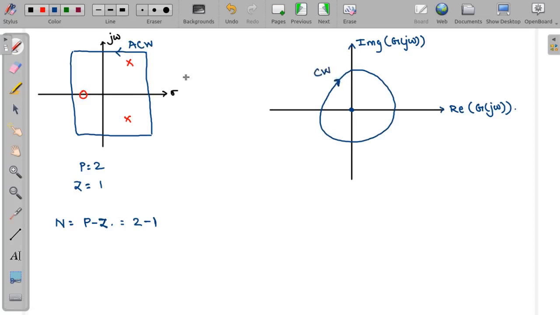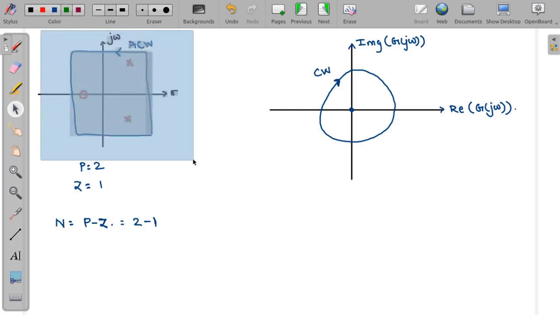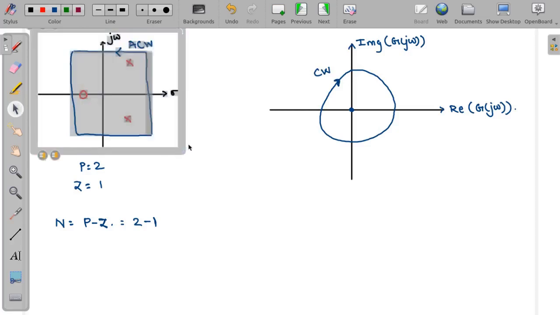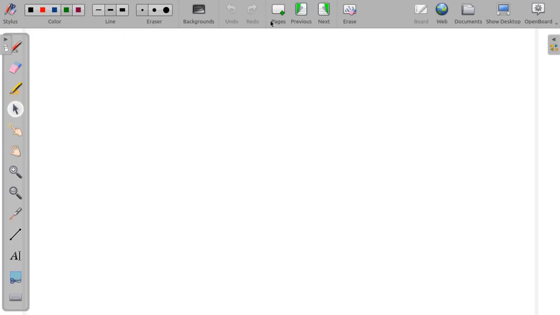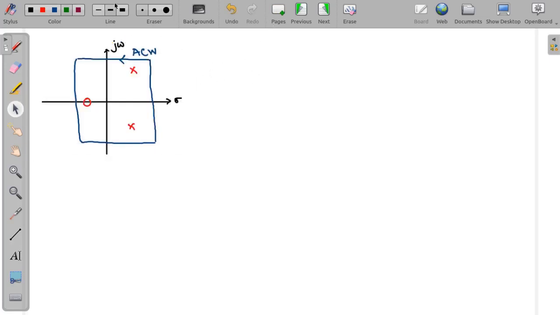Now in the same question, if my contour was something like this, I will make one more diagram. Instead of encircling this zero, we had just encircled these two poles in the anti-clockwise direction.